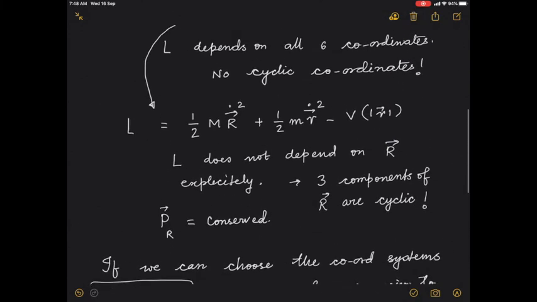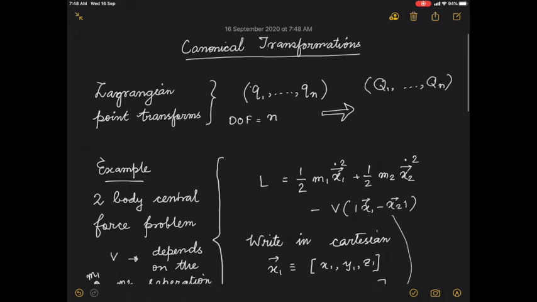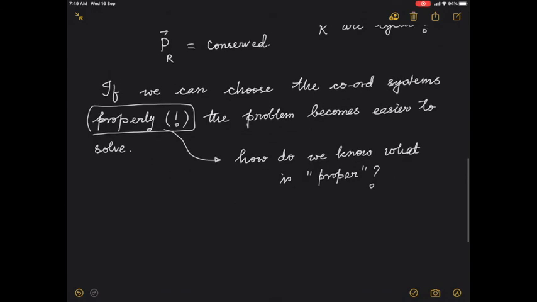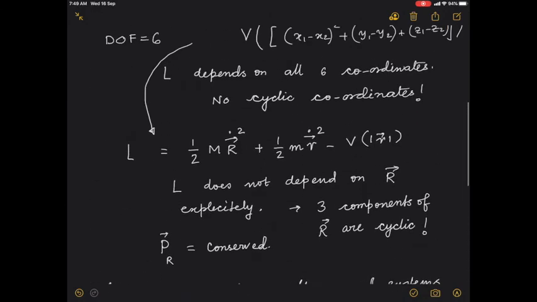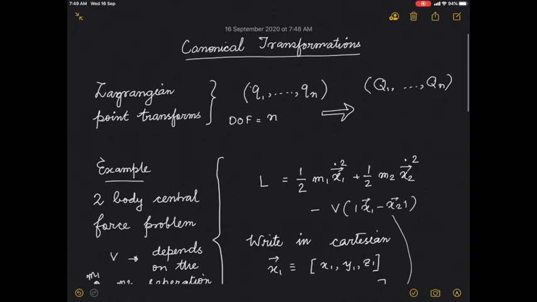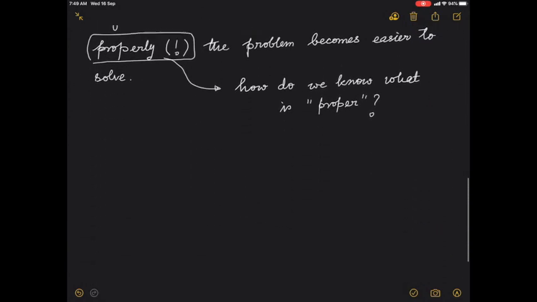And at present, we don't have any answer to that, because there is no guiding principle to know the proper coordinate system. Okay, so this is one recapitulation that I wanted to do. And this is about Lagrangian point transformation. It shows that for the degrees of freedom, when it does not change, we can actually choose coordinate systems where some of the coordinates are cyclic, and it becomes easier to solve.